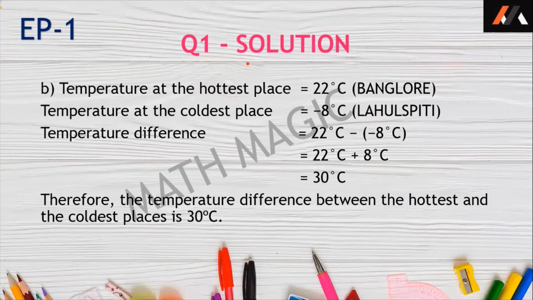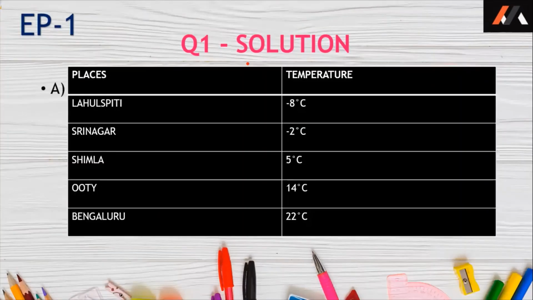So 22 degrees Celsius minus minus 8 degrees Celsius will become 22 degrees Celsius plus 8 degrees Celsius, that is 30 degrees Celsius. Therefore, the temperature difference between the hottest and the coldest place is 30 degrees Celsius. Now let's go to the next question.